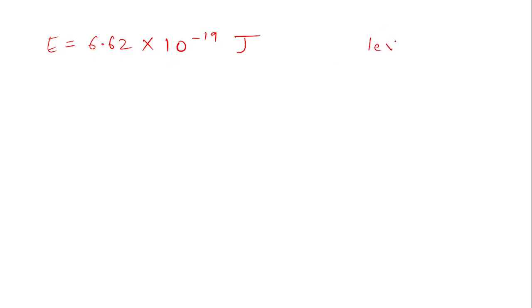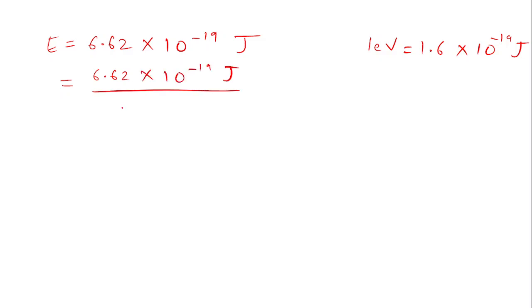Now we know 1 electron volt is 1.6 times 10 to the power minus 19 joule. So to convert joule into electron volt, I will divide this: 6.62 times 10 to the power minus 19 joule divided by 1.6 times 10 to the power minus 19, and I will get the answer.